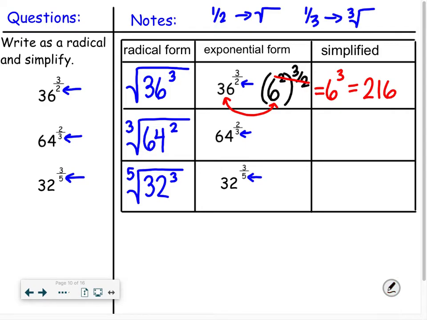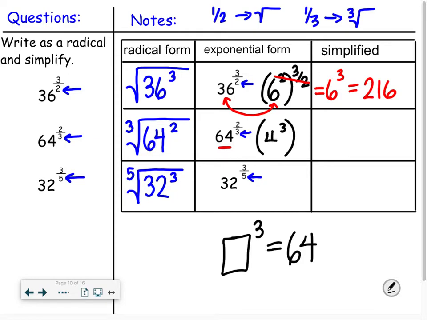The next one, same process. I have to match the denominator on my fraction. So I need something to the power of 3. So I look at this 64, and I think about powers of 3. I think about how to write it as a base to the power of 3. Like what number to the 3rd power equals that 64?